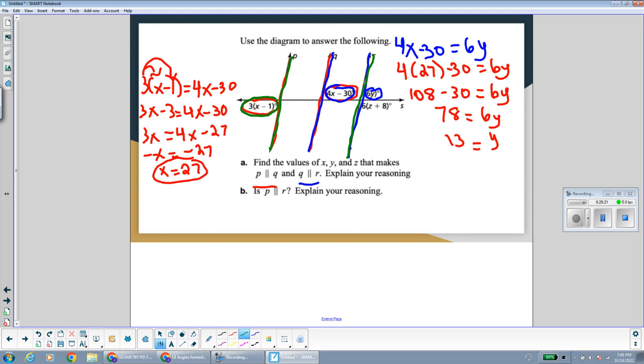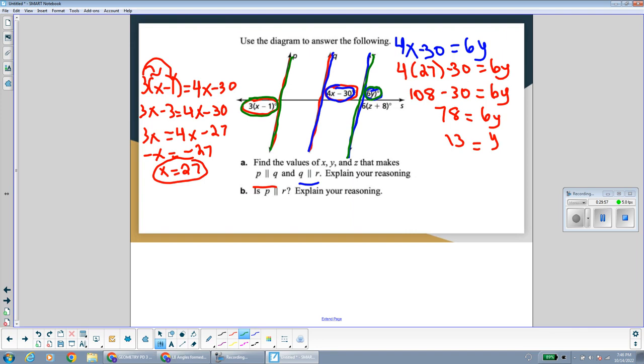Let me highlight again the 3(x minus 1) degree angle and the 6y degree angle. Notice how these are alternate exterior angles formed by lines P and R. They're both exterior angles because they're outside of the lines P and R, and they're on different sides of the transversal. This one's to the left, this one's to the right. So once again, if we had known that the lines were parallel, the alternate exterior angles would be congruent because alternate exterior angles are congruent when parallel lines are cut by a transversal.